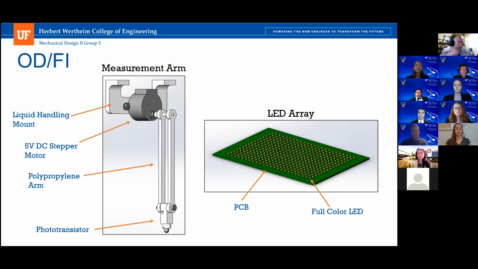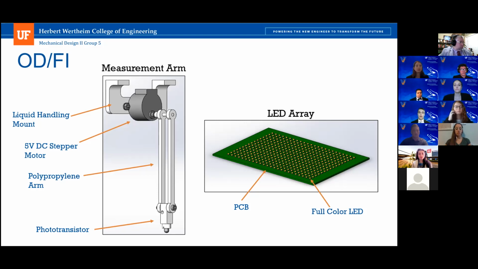And so by attaching the ODFI measurement system there, we can ensure that it can also reach every well and tube. And because it's attached to the liquid handling system, we wanted to ensure that it was a relatively lightweight system. And so the material we chose to use was polypropylene 3D printed plastic.